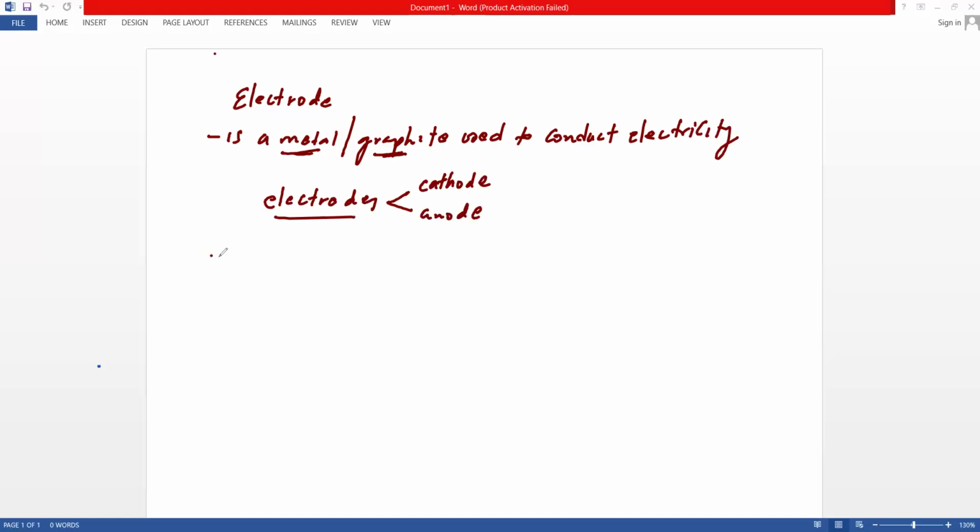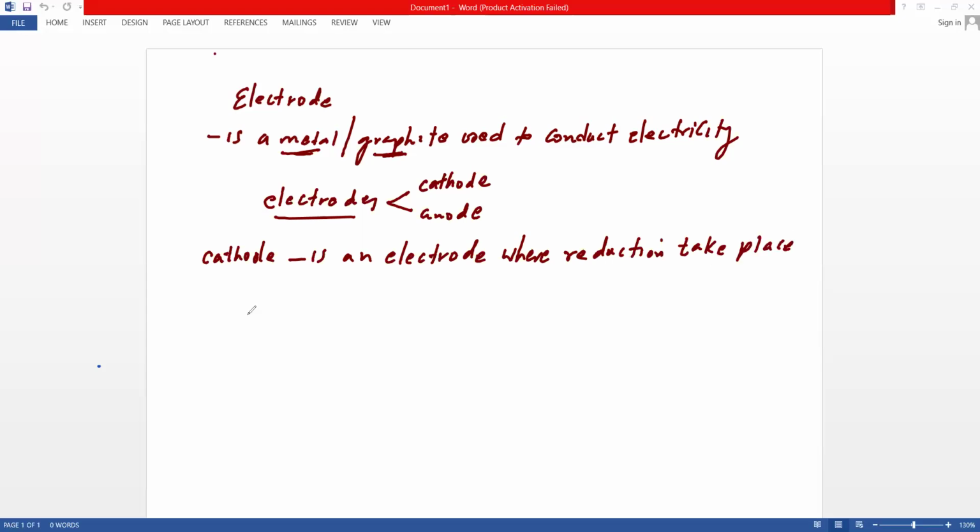So let's first define what a cathode is. The cathode is an electrode where reduction takes place. So an electrode where reduction takes place is called a cathode. If an electrode starts to gain electrons, we say that electrode undergoes reduction. Then we also have an anode.